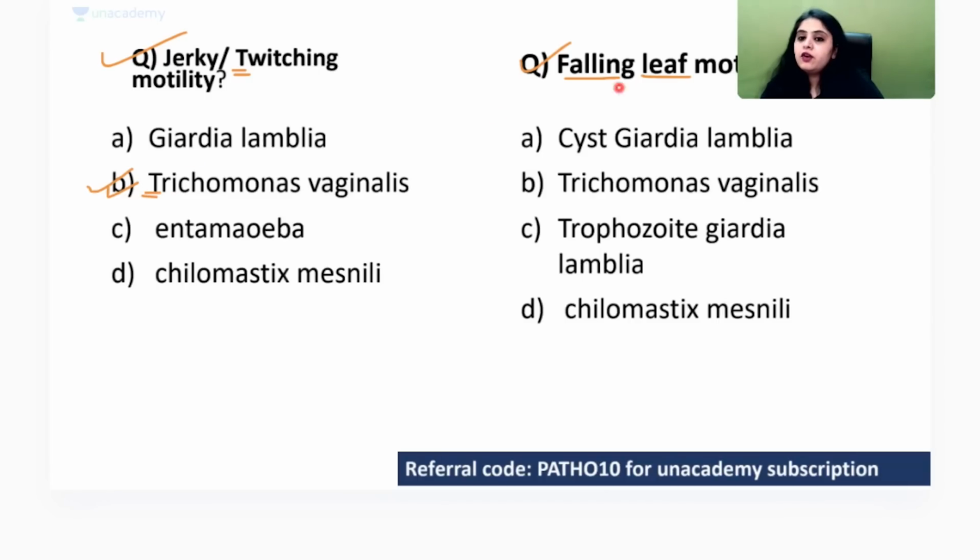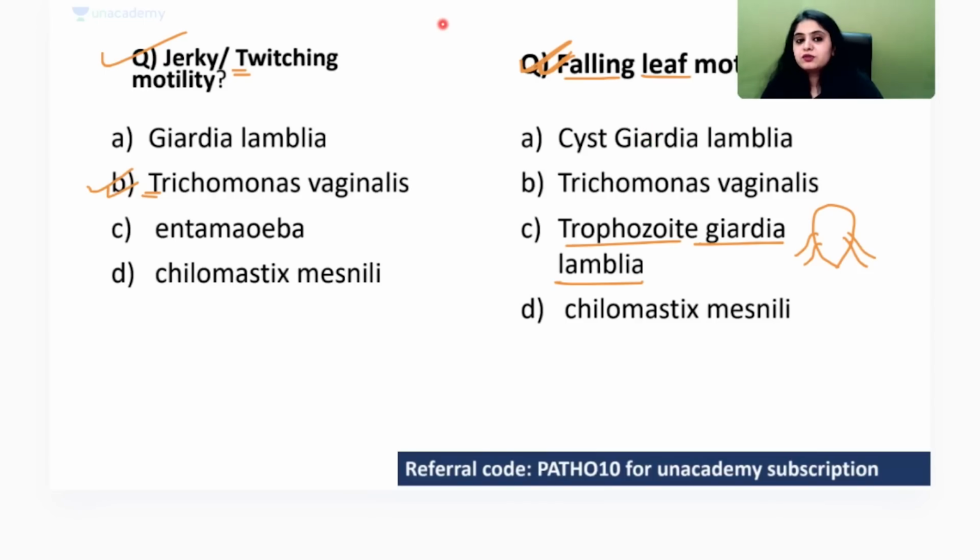And second, falling leaf motility is Giardia lamblia, but trophozoite, because if you remember that angry face, that has the flagella, so the trophozoite will show movement. So please remember, in the exam I gave you a caution too, because I know the exam is close, so I don't want to trick you and feel happy about it. I want to help you, but I will not be there to help you.